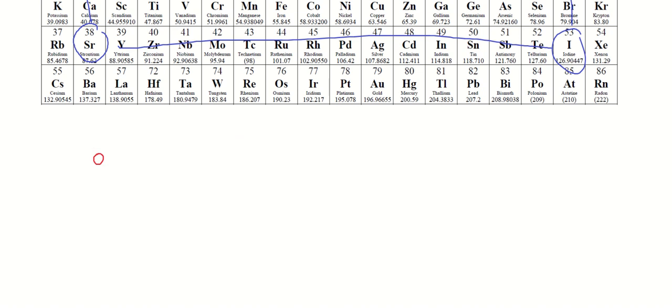As you go down the periodic table, atoms generally get larger because they have more energy levels of electrons. So those electrons are farther away from what they're attracted to, the nuclear charge.